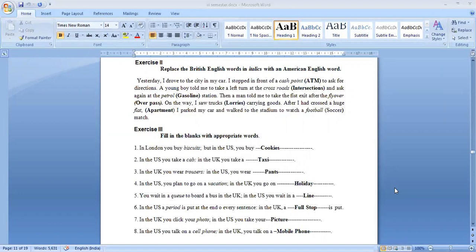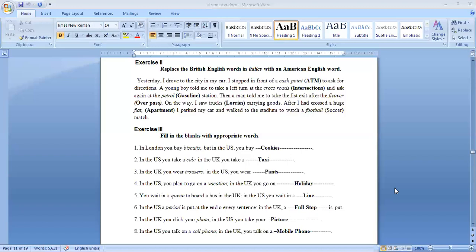First, we try to see the first sentence. Yesterday, I drove to the city in my car. So yesterday, I went to the city in my car. Then I stopped in front of a cash point.